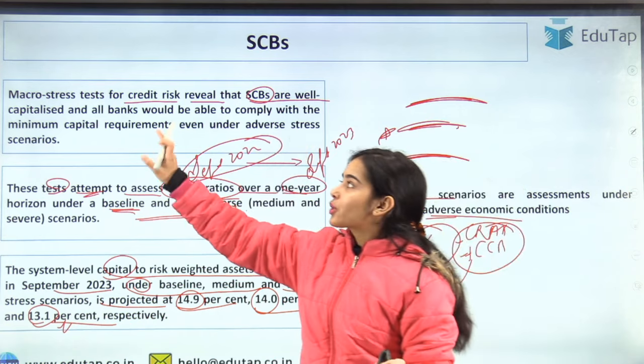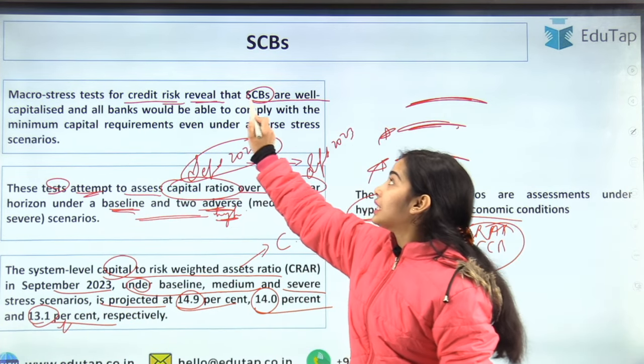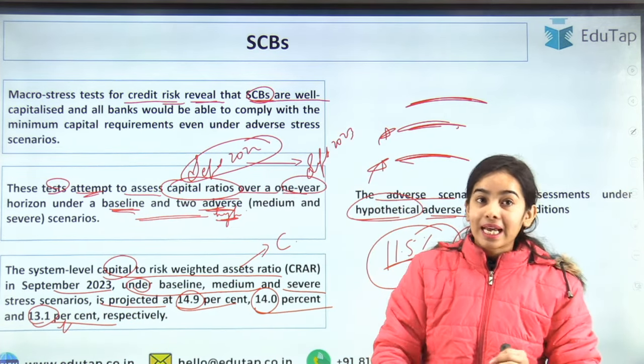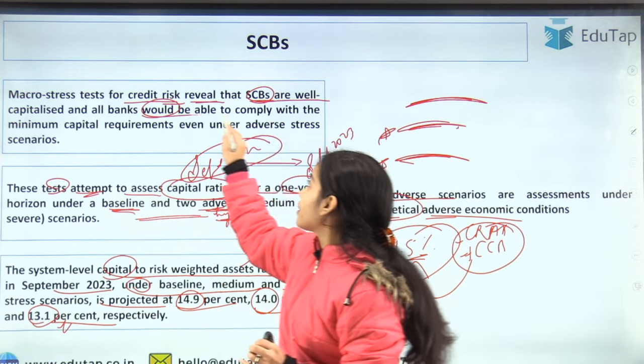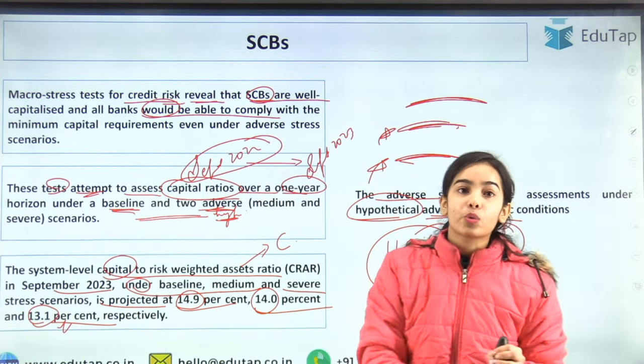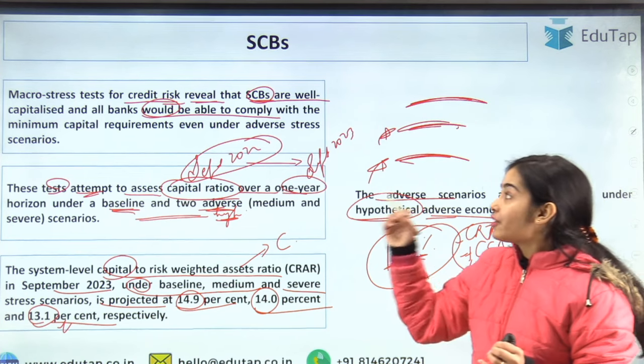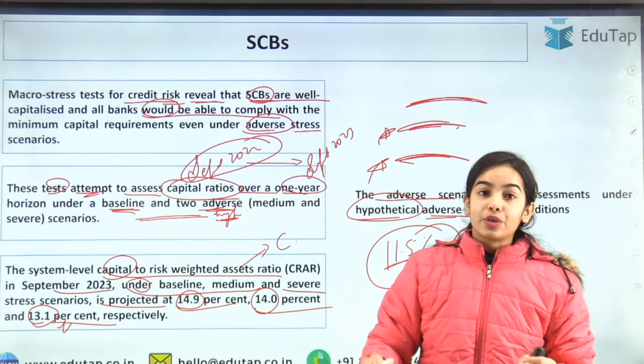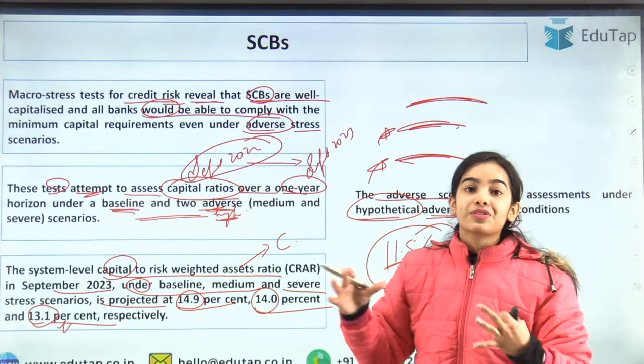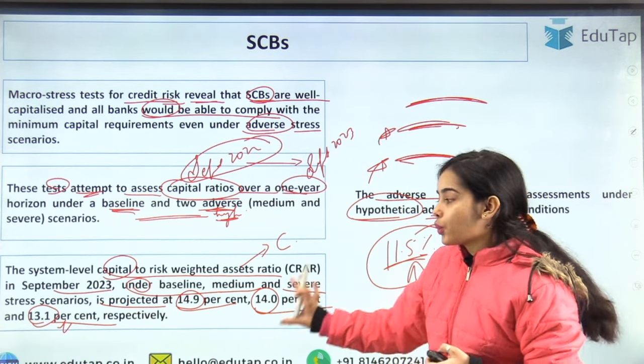That is, the macro stress test for credit risk revealed that SCBs are well capitalized and all banks would be able to comply with the minimum capital requirement of 11.5% even under the adverse stress scenario. Even under the severe stress scenario, still we will have a good capital buffer.